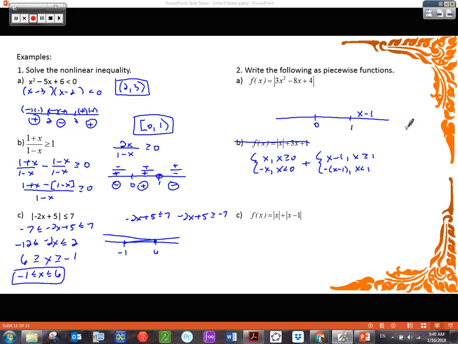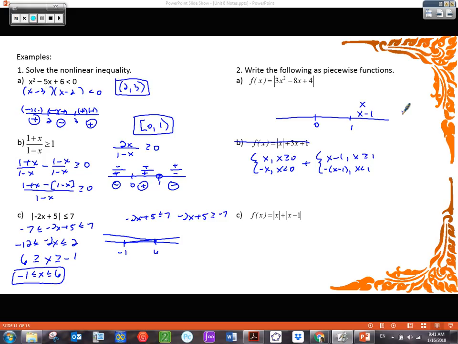All right, now let's look at this other piece. Which of the pieces belongs in the section when x is larger than 1? The top piece or the bottom piece? The top piece. Okay, so those are the two equations I'm going to have to add together in a moment. I just want it all laid out first.